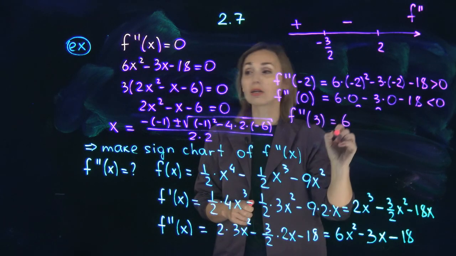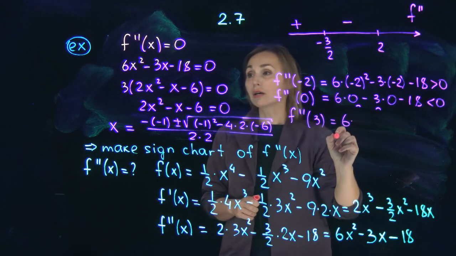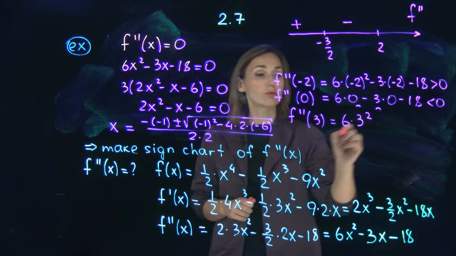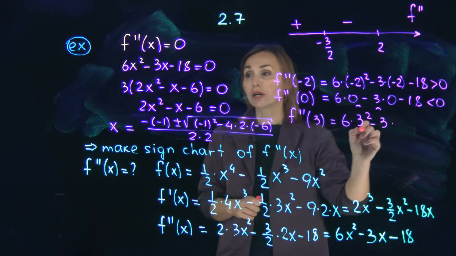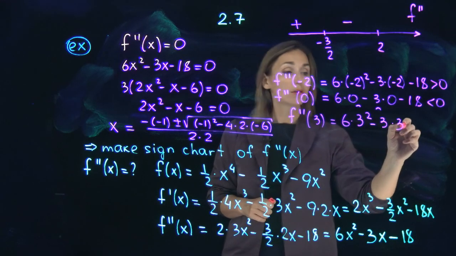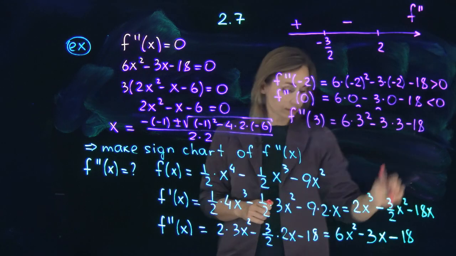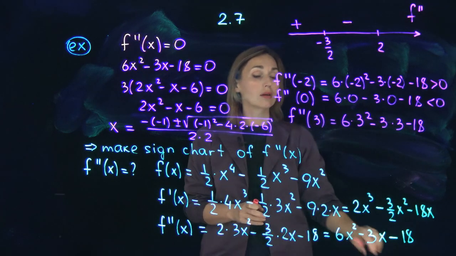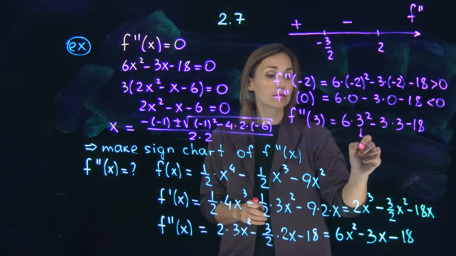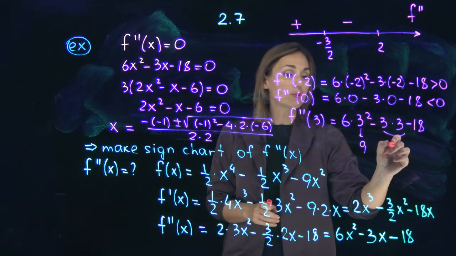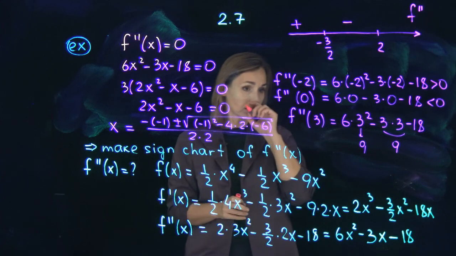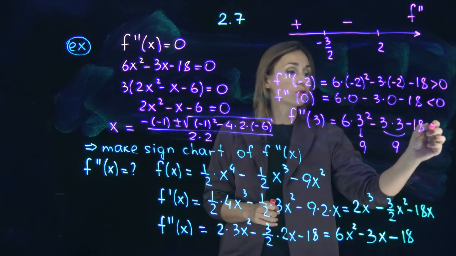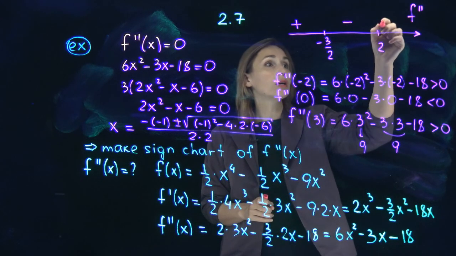You will get 6 times 3 squared minus 3 times 3 minus 18. 3 times 3 is 9. 6 times 9 is 54. 54 minus 9 minus 18 is for sure positive. So here we have plus.